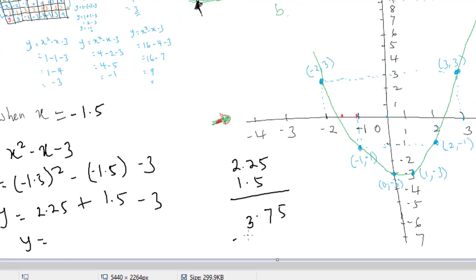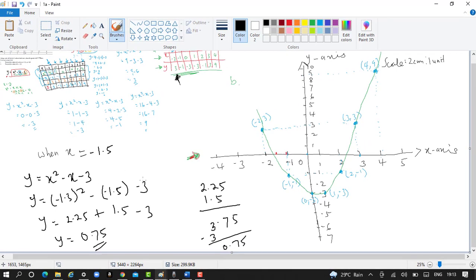Then we're going to subtract 3 from it. So you're going to get 0.75. So when you trace it on the graph, when our y is 0.75, we're going to get our x to be -1.5.